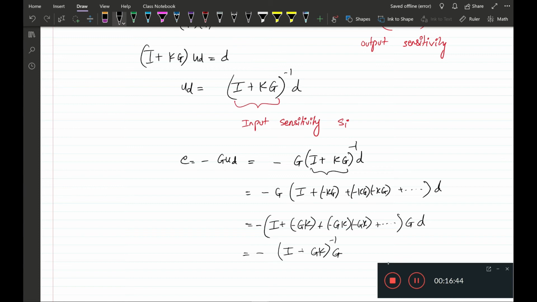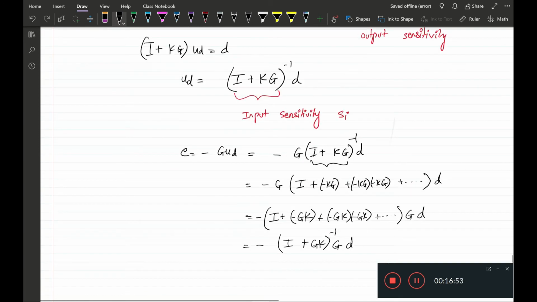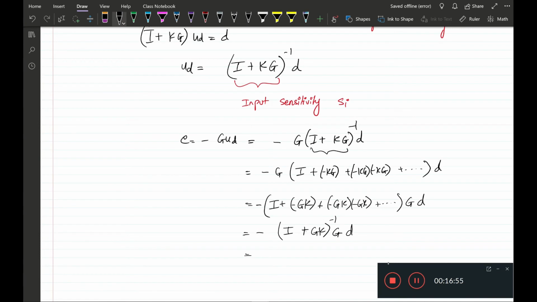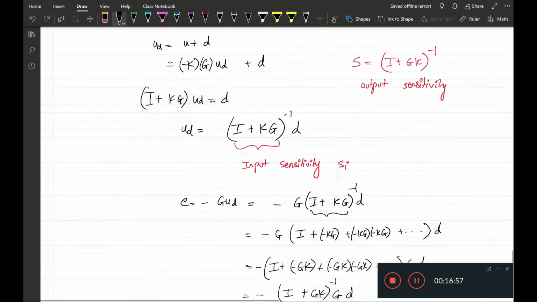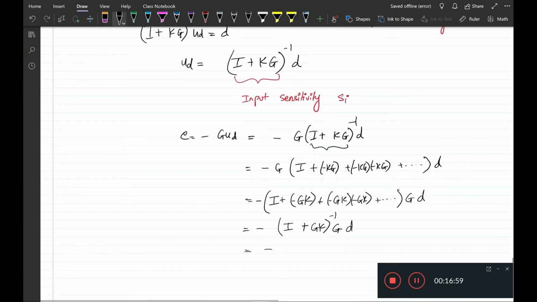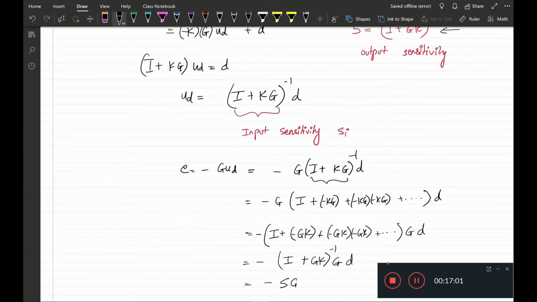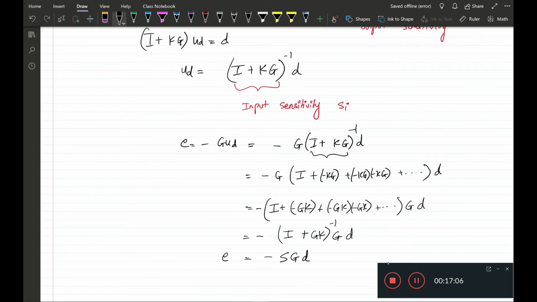And this one, again from the Neumann series, if this series converges, is (I plus GK) inverse times G times D. Now (I plus GK) inverse is just our usual sensitivity function, the output sensitivity, and therefore this is minus SG times T. So that is the transfer function from D to E.